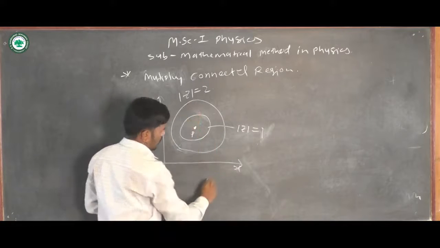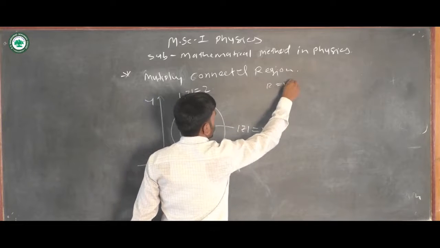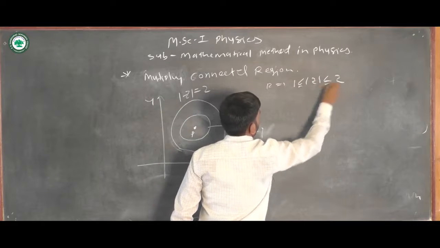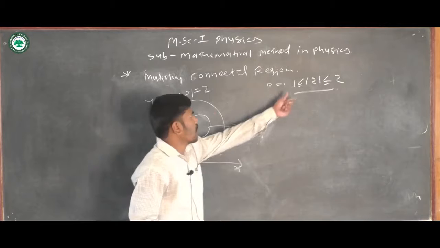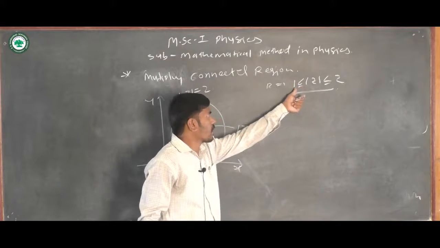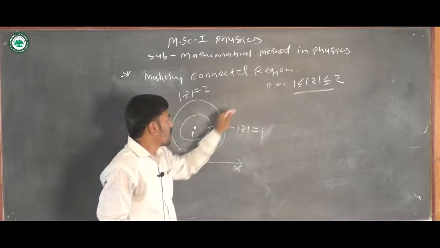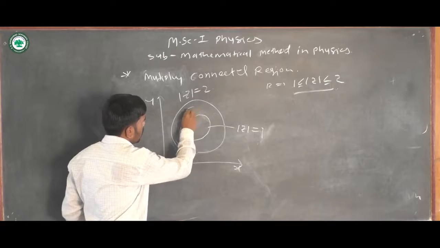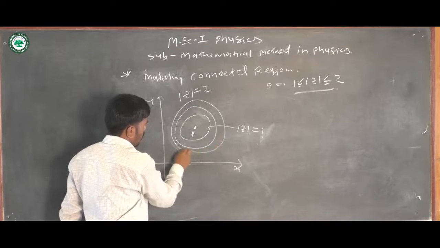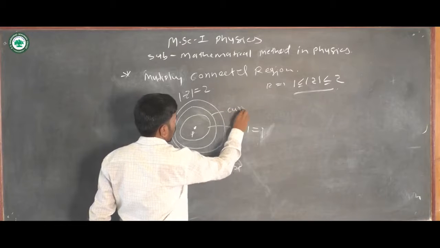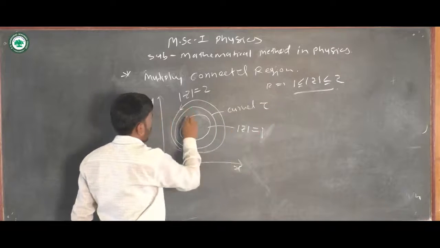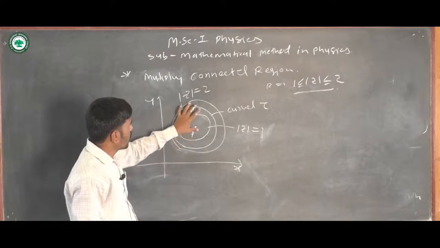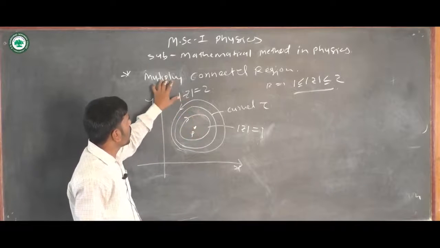So the region is what we are considering here, with point P. Now in this region, if I draw a closed curve tau, and if this curve is shrunk to this point without leaving the region, then we call it a simply connected region.